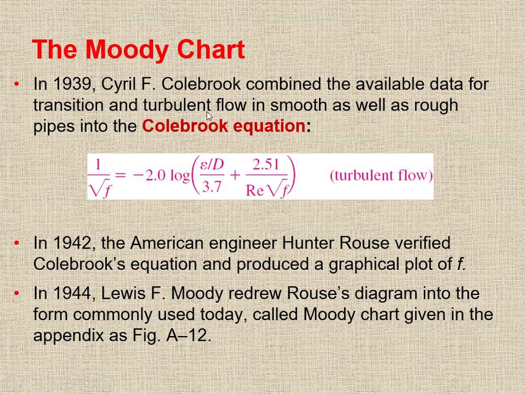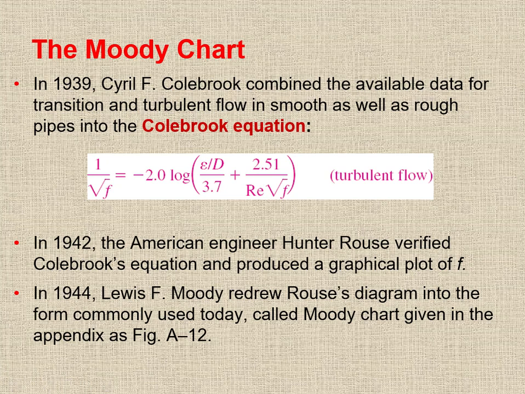This is for turbulent flow. If you want to find the friction factor for turbulent flow, we can use this Colebrook equation. Since we cannot separate the friction factor here, we have to follow an iteration method. We can assume any value, and if the left-hand side and right-hand side are equal, that is the exact value of the friction factor for that particular flow.